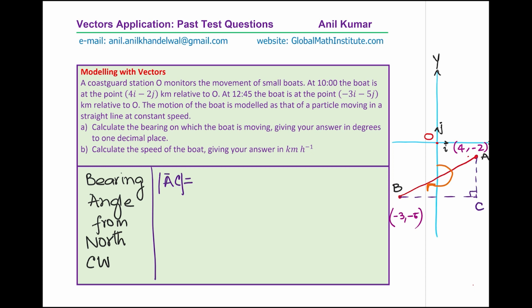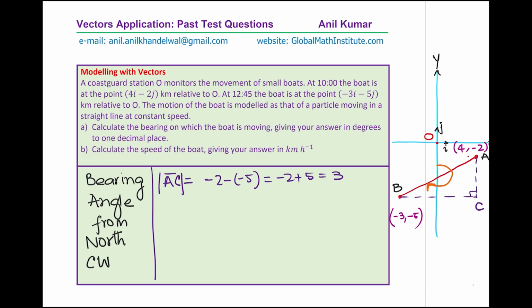We're talking about the magnitude of AC. It is the difference in y values, correct? That is to say, it is equal to minus 2 minus of minus 5. And that is minus 2 plus 5, or you can see it is 3. Is that clear to you?